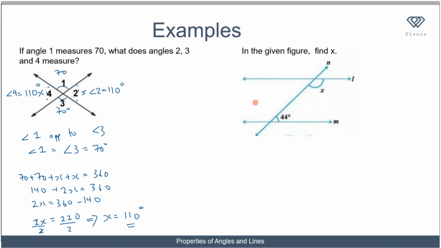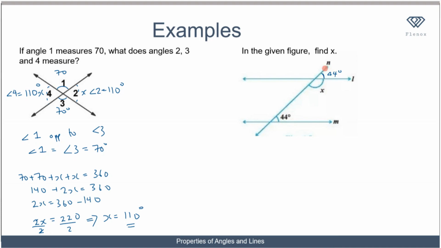Now let's look at the last example. So we are told that in the given figure find x. As you can see, this line L and line M are parallel to each other. Now from our theory of corresponding angles, we know that if the angle here is 44 degrees, then definitely the angle here must also be 44 degrees.